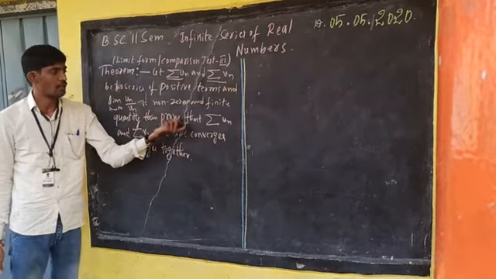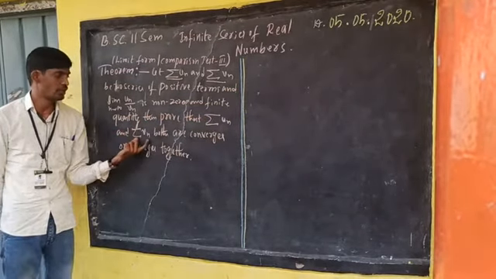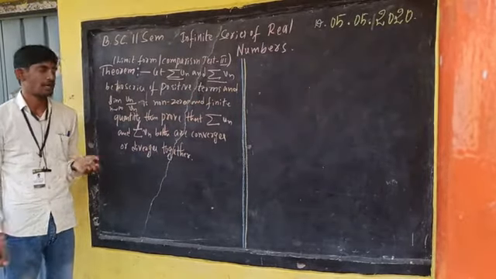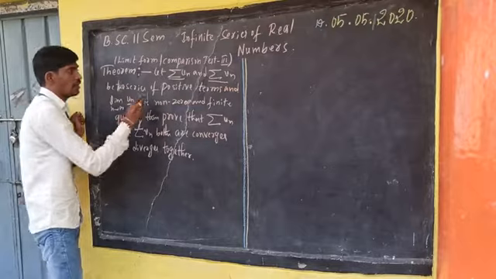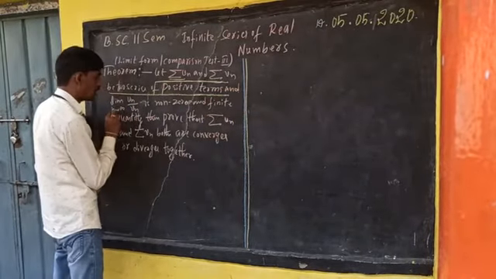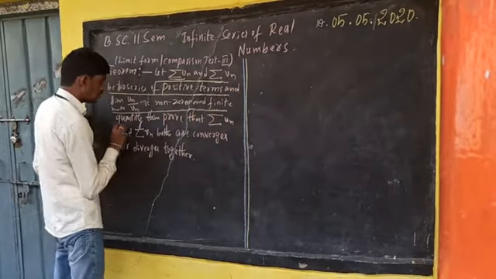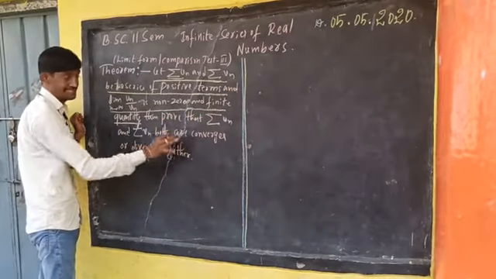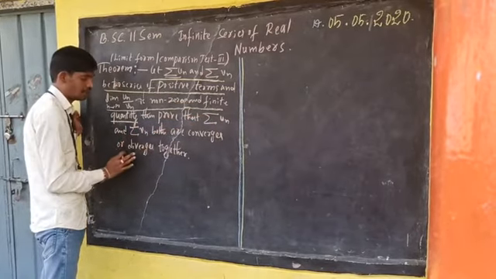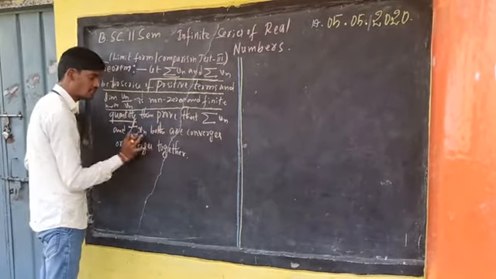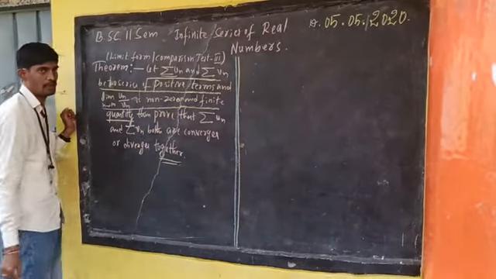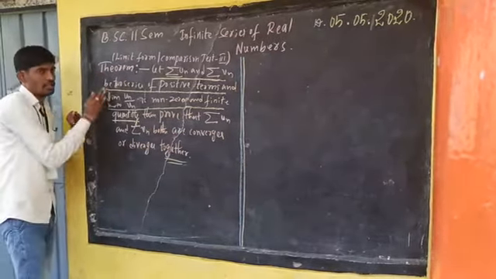Then we have to prove that summation un and summation vn both converge together or both diverge together. Up to here is the given data, and then we have to prove this result. The meaning is that the nature of both series is the same: if this is convergent, this is also convergent, and if this is divergent, this is also divergent, together. I hope you understand the theorem.